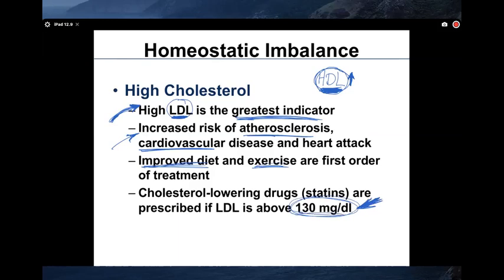At this point, if I have these high levels of LDL, I need to lower it using medications. And the drug of choice here is going to be the statins. Those are cholesterol lowering drugs. All right.